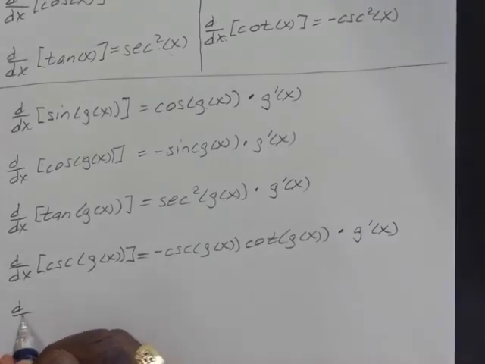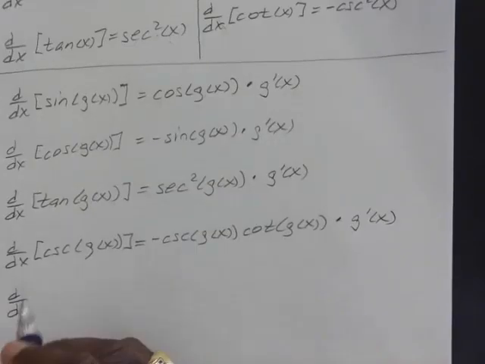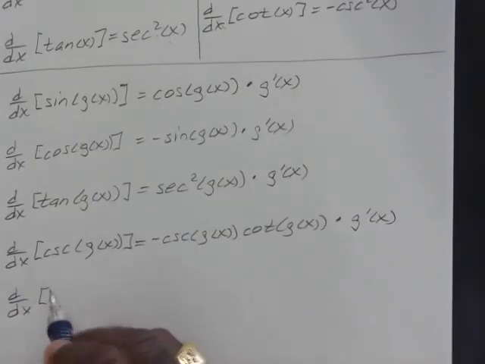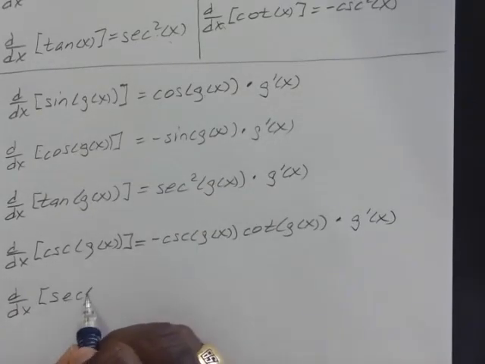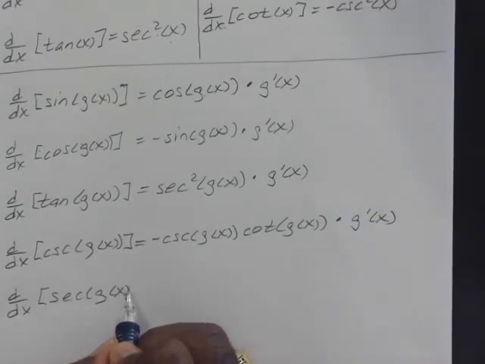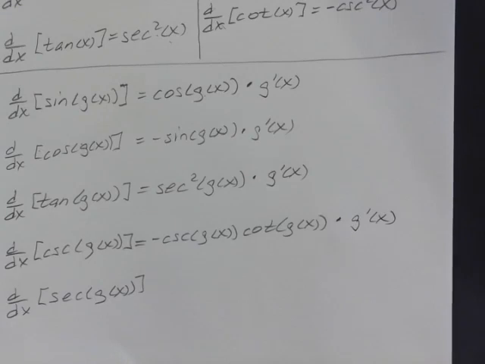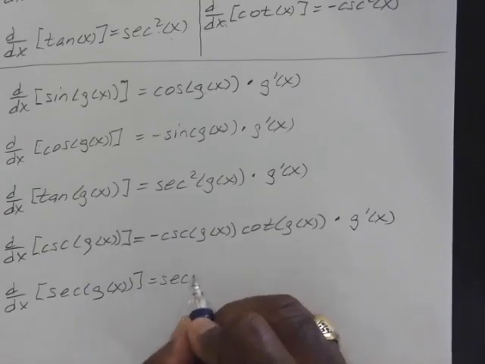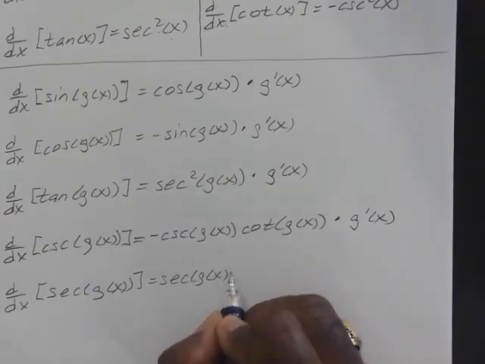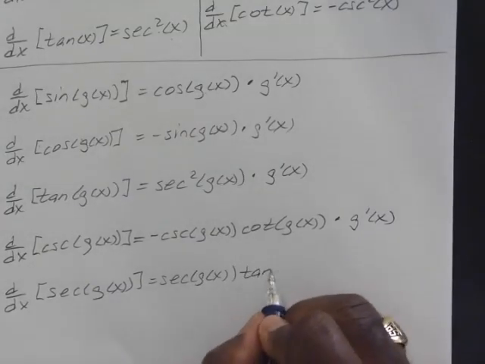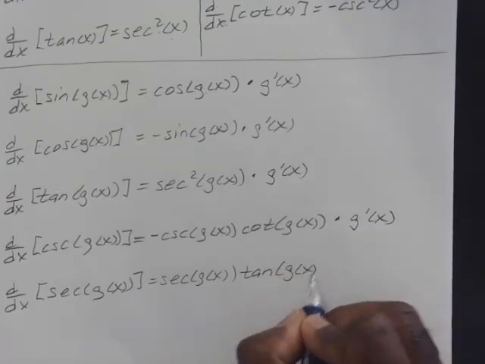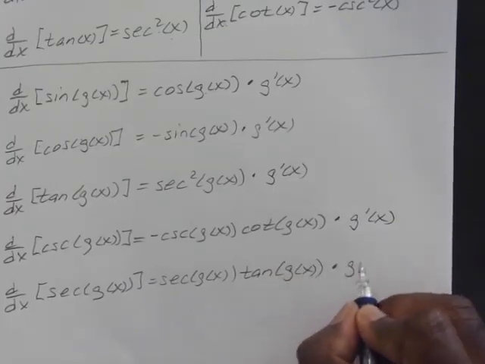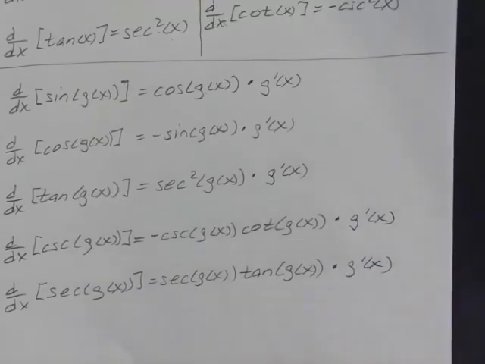Same thing with the derivative, bring it up a little bit, of secant of g of x. We know that's secant of g of x times tangent of g of x times your g prime of x.